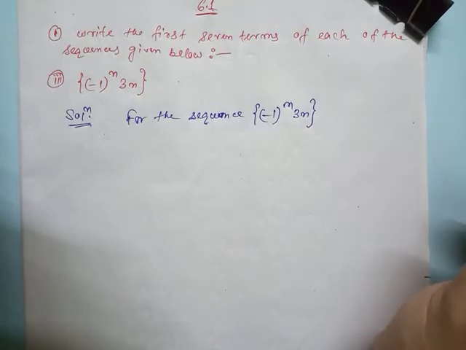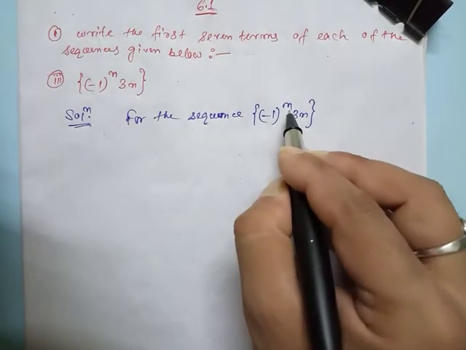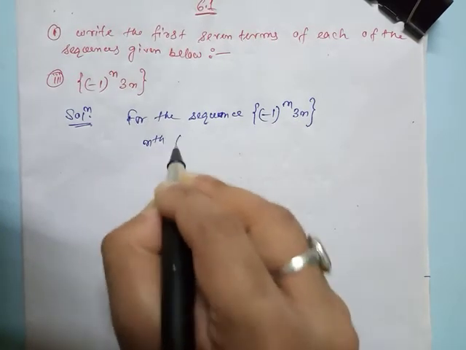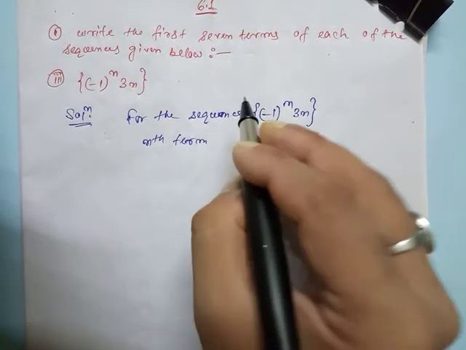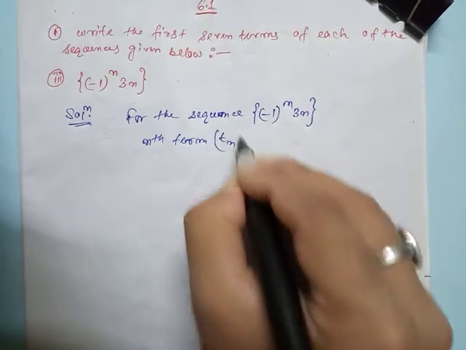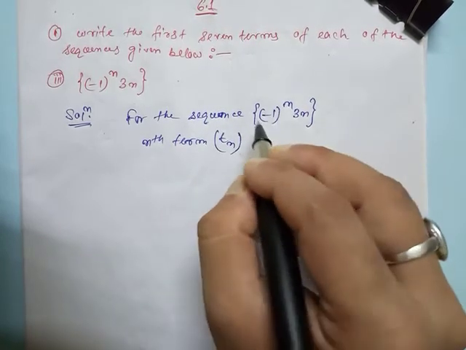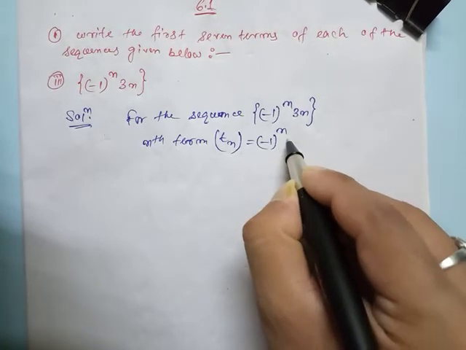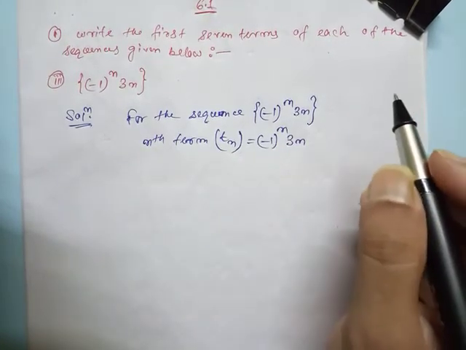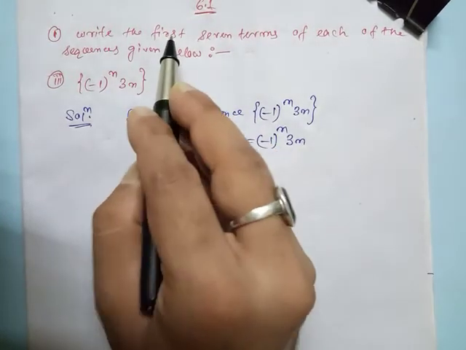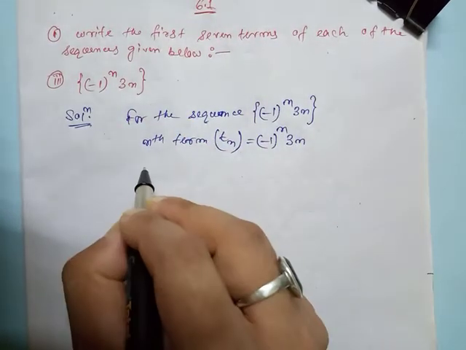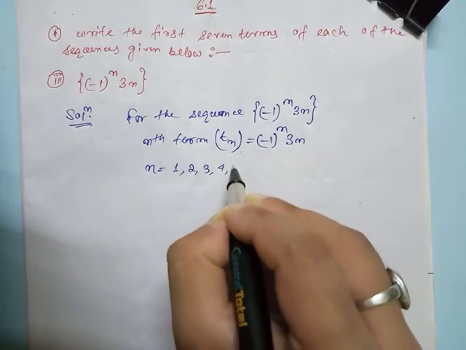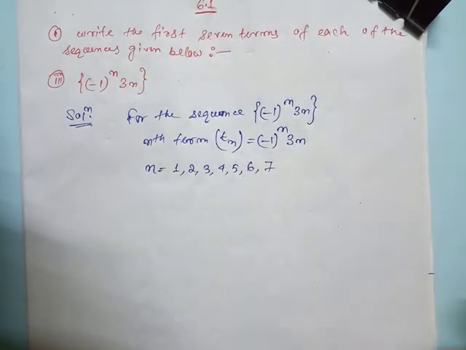Now after that, nth term, because here it is given n, that's why I will write here nth term tn equal to minus 1 to the power n, 3n. Okay, now here it is given first 7 terms, that's why n equals 1, 2, 3, 4, 5, 6, 7.